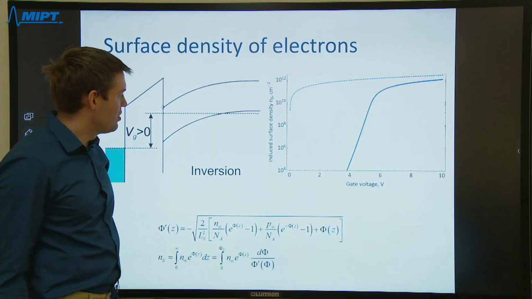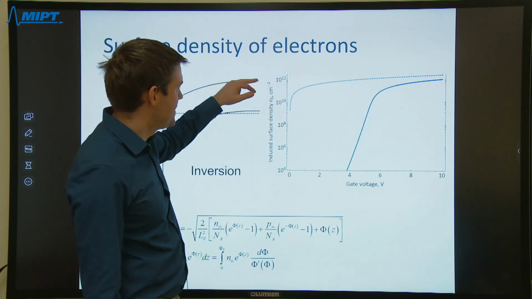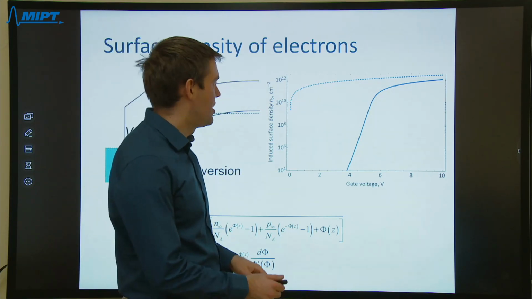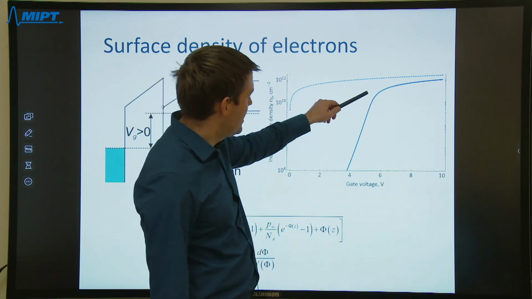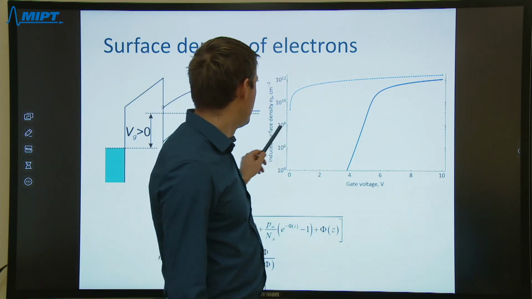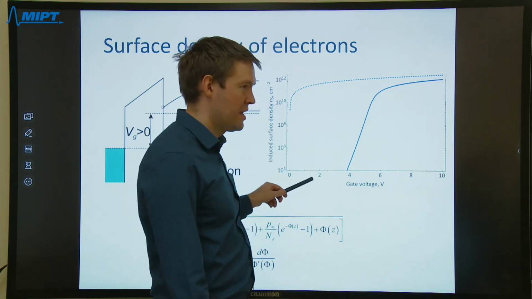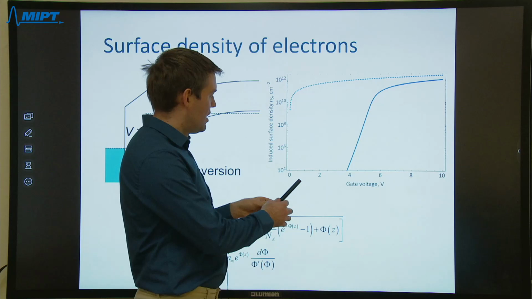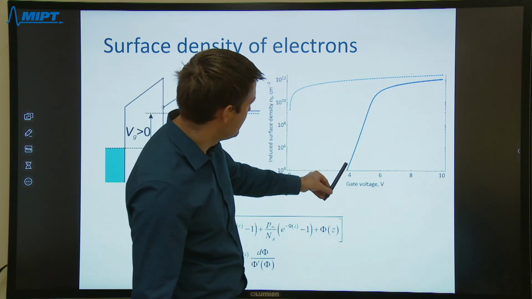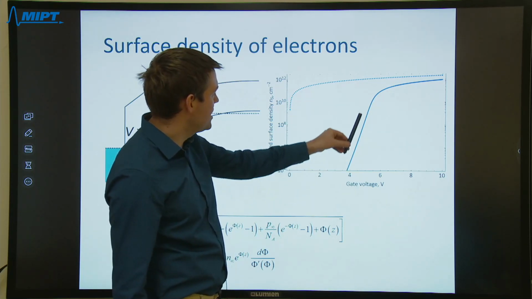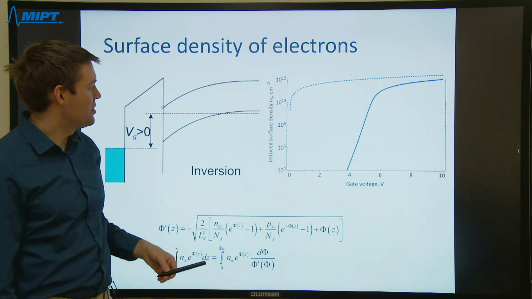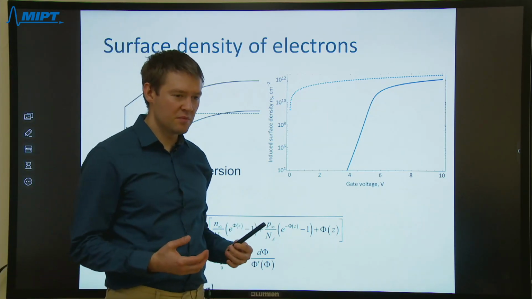When we look at the induced surface density in the log scale, we see 2 important parts. The on state corresponds to a gradual increase of induced density with respect to the gate voltage, while the off state corresponds to the exponentially small surface density, which means exponentially small conductance.